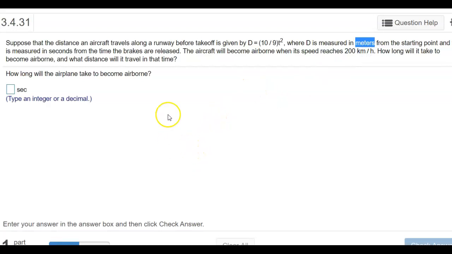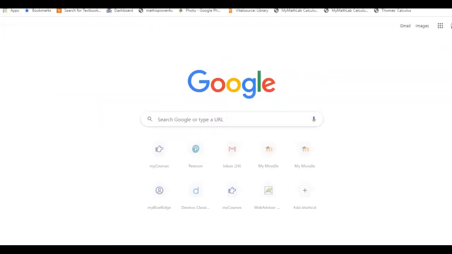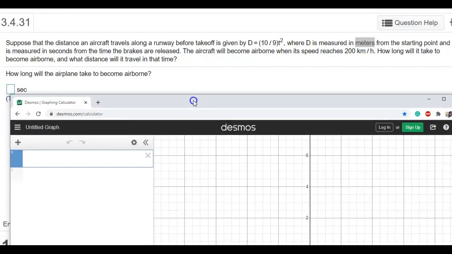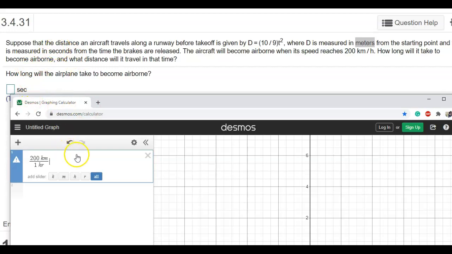So you're going to have to do a couple of things to be able to answer this. Number one, you have to make sure your units are always the same when you do problems like this. So 200 kilometers per hour, that's 200 kilometers divided by 1 hour, and we need to get it into meters per second for the units here.